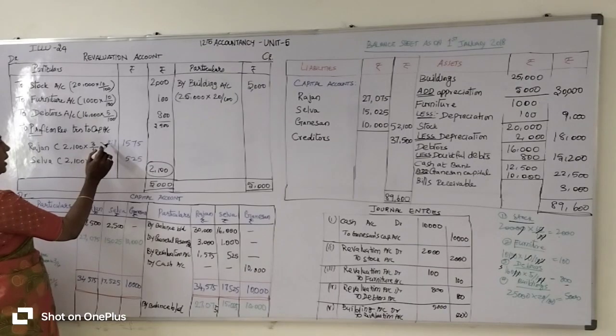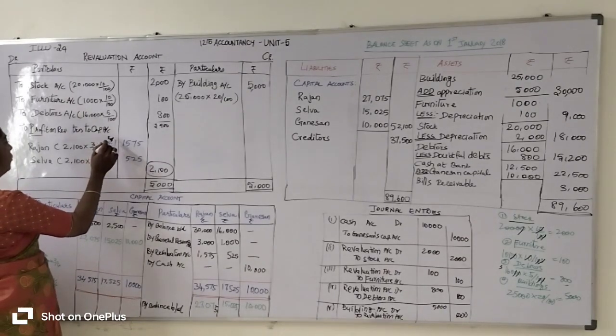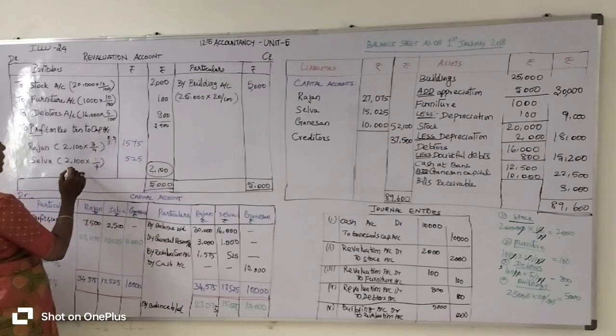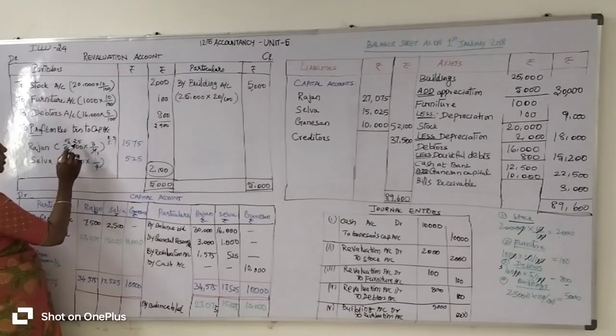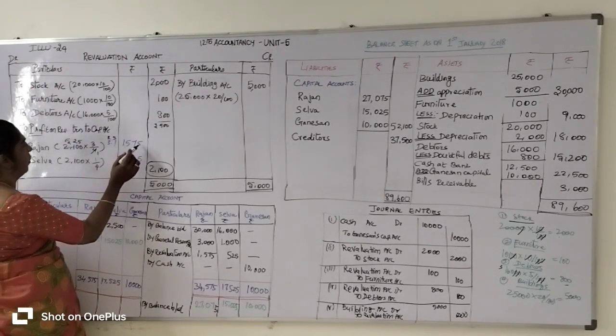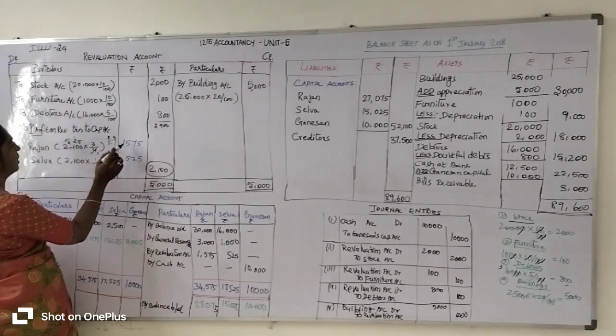Their old profit sharing ratio is 3:1, 3 for Rajan and 1 for Selva. Now we are going to cancel it. 1 4 is 4, 5 4s are 20, remaining 100, 25 4s are 100. So 525 into 3: 5 3s are 15, remaining 1, 2 3s are 6 plus 1 is 7, and 3 5s are 15.